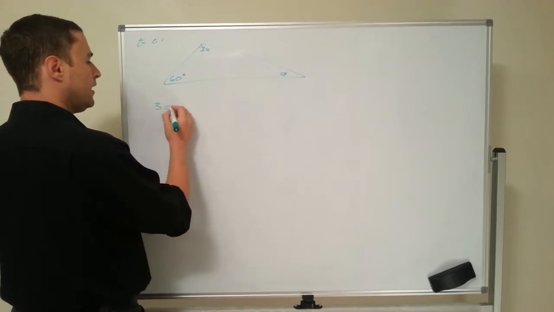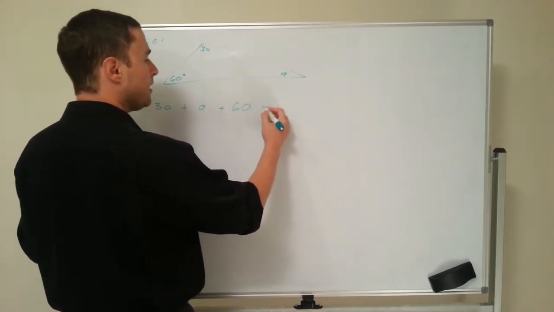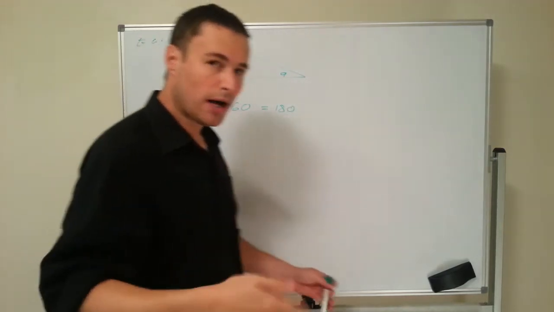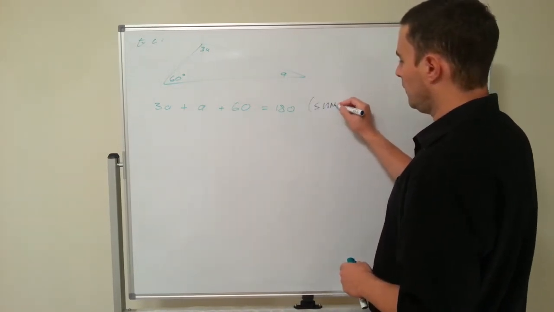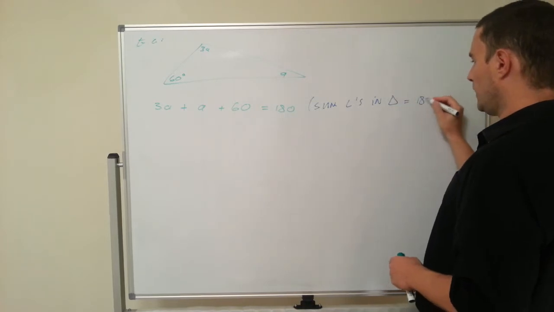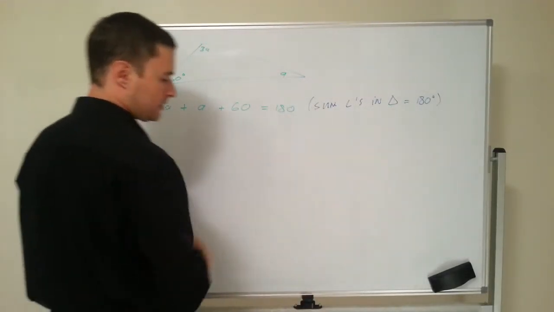I've got 3A plus angle A plus 60 degrees must equal 180. So that's what I can say. And the reason why I can say that is because the sum of the angles in a triangle equals 180 degrees. Okay, that's the reason why I can write down this line.